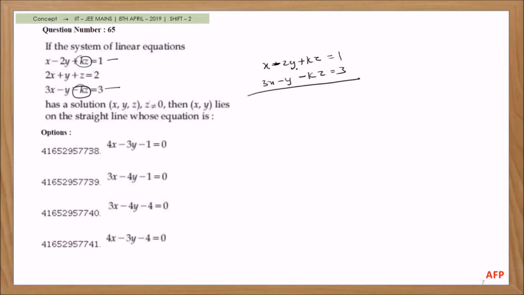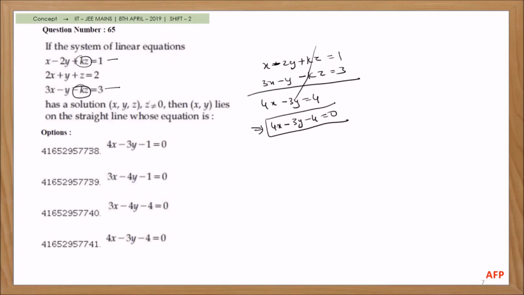If you add these, kz gets cancelled, so 4x minus 3y is equal to 4. This implies 4x minus 3y minus 4 is equal to 0.